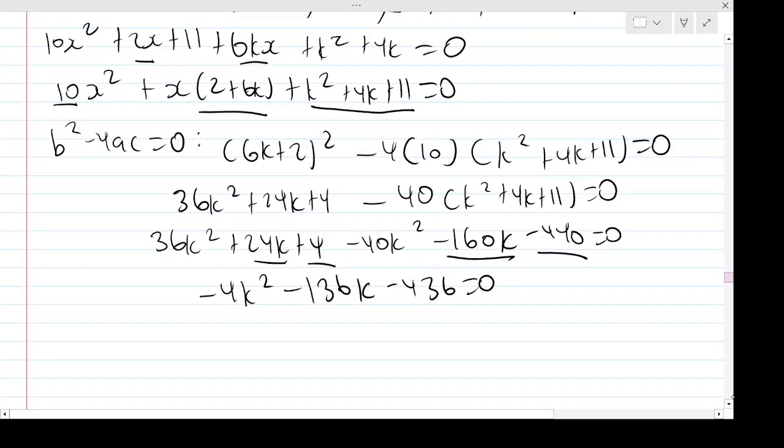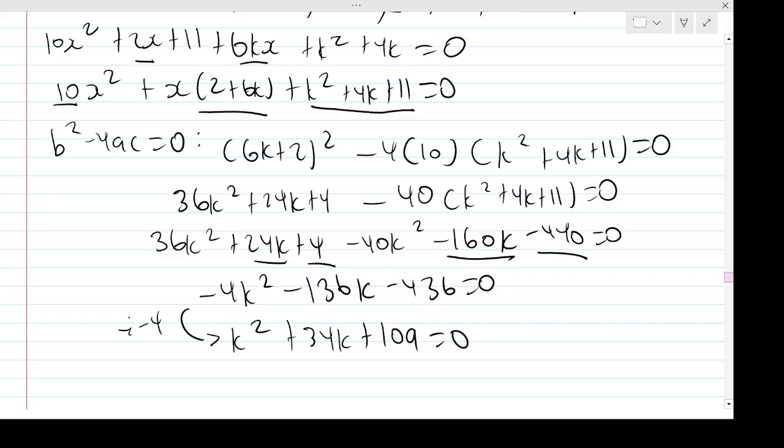Can I simplify it a little bit? I can. Everything divides by minus 4. Therefore, we're going to get k squared, then minus 136 divided by minus 4 gets me plus 34k. Then minus 436 divided by minus 4 gets me positive 109 equal to 0.